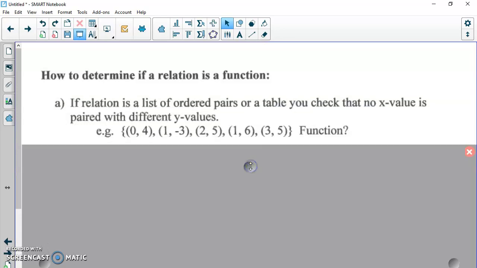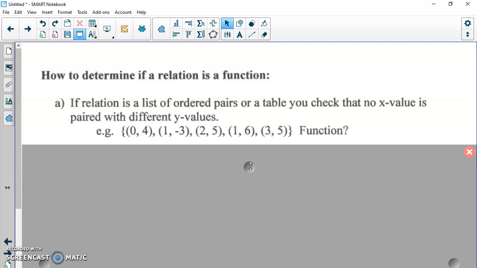So, if you are given a list of ordered pairs or a table, and you are asked if it is a function or not, what you need to do is make sure that there are no repeats in your input variables or any repeats in your x values. So for this first example here, looking at your inputs, 0, 1, 2, 1, and 3.